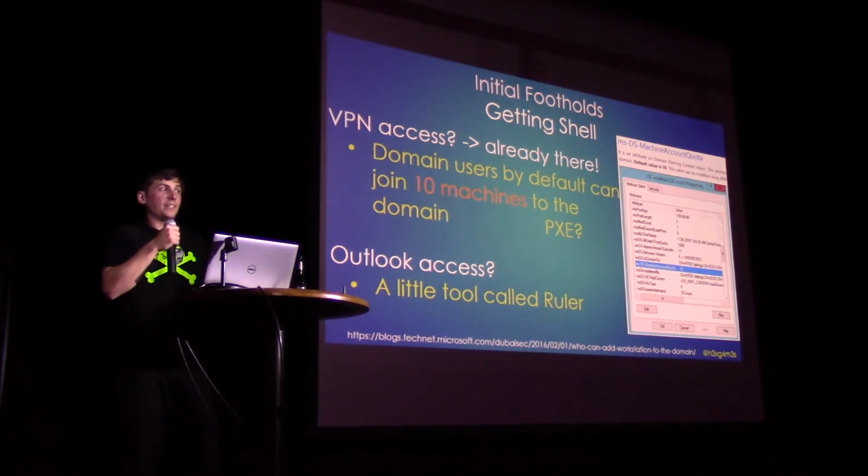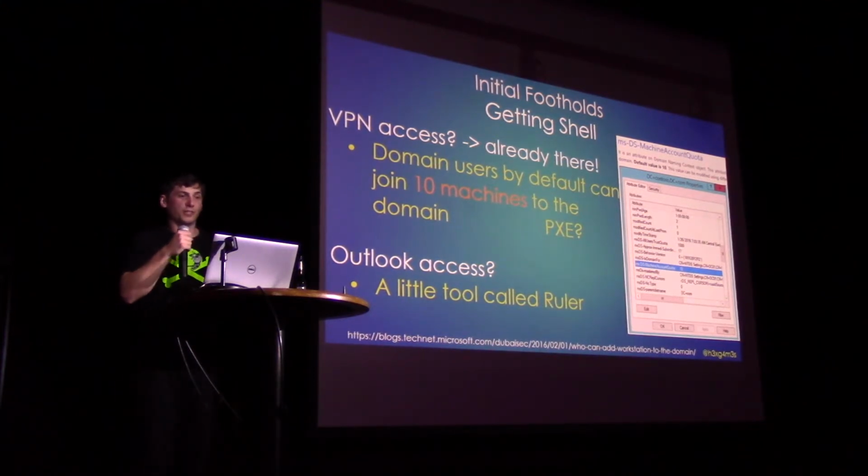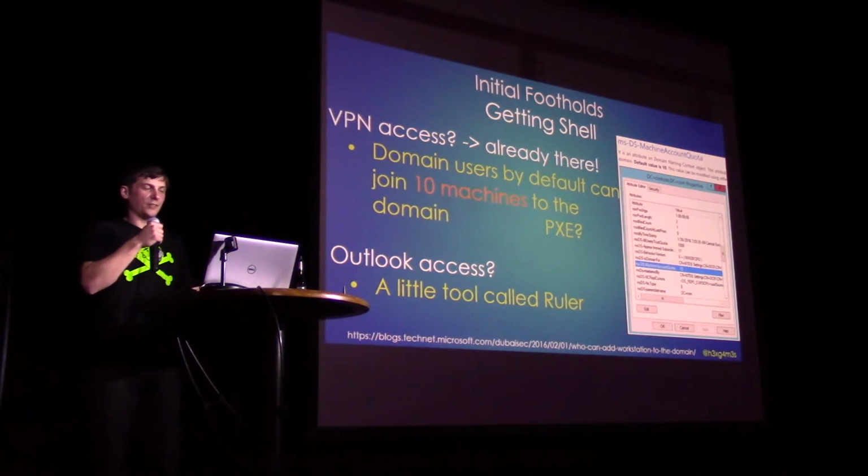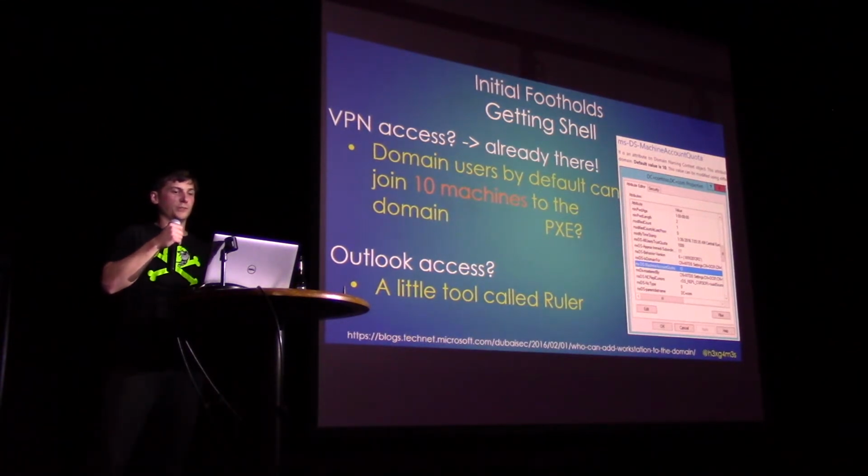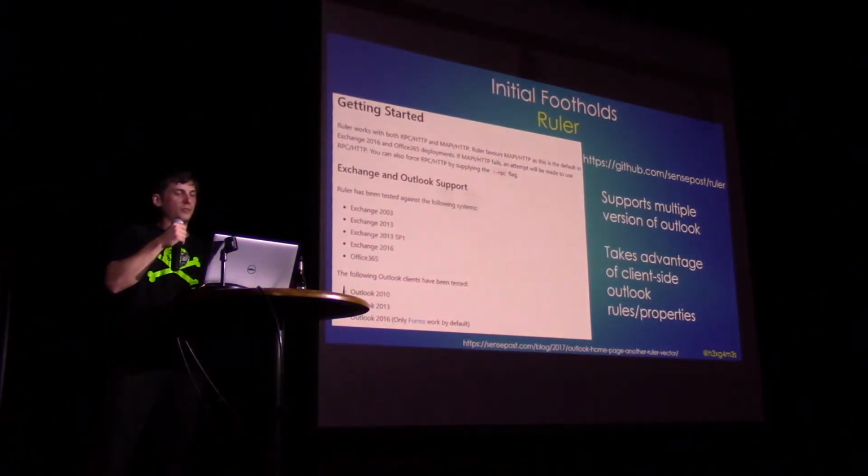So maybe you don't have VPN access, but you did find some valid credentials on Outlook. There's a little tool called Ruler we use that will get us shells through a trick in Outlook. A few tricks actually, but they keep trying to patch them, unfortunately, but there are new ones coming out.